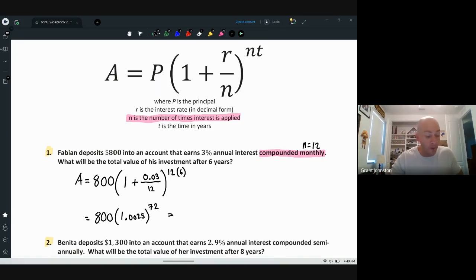Now we just got to do the 1.0025 to the power of 72. And I'm going to keep that all in the calculator at the same time because I don't want to do any rounding until the end. I want my answer to be as exact as possible. Times the 800. And I got $957.56 if I'm rounding.